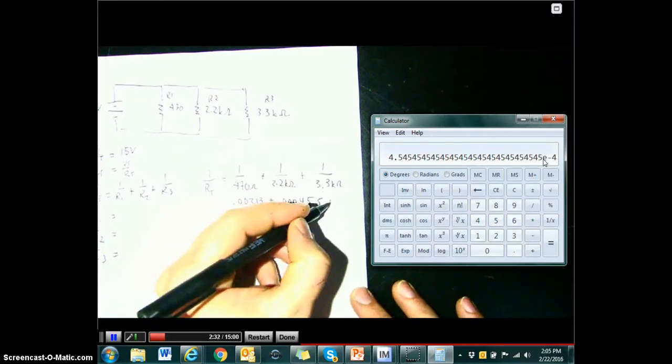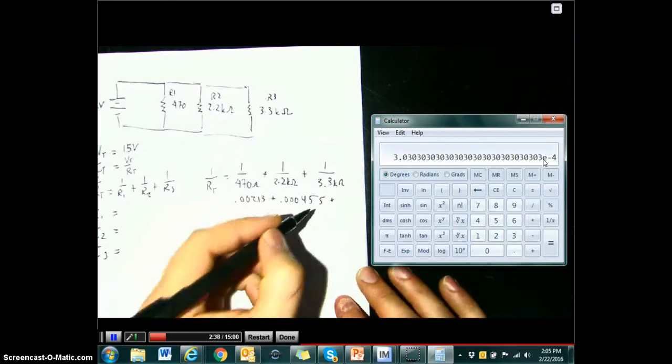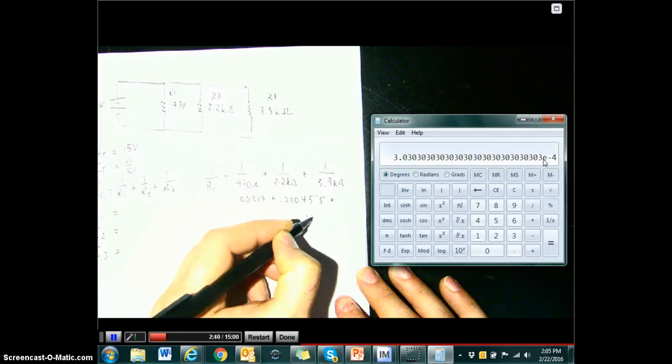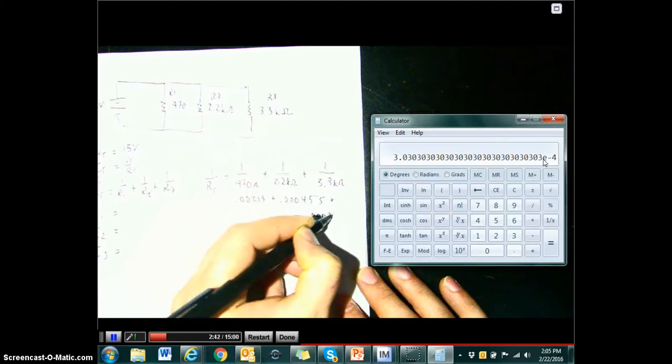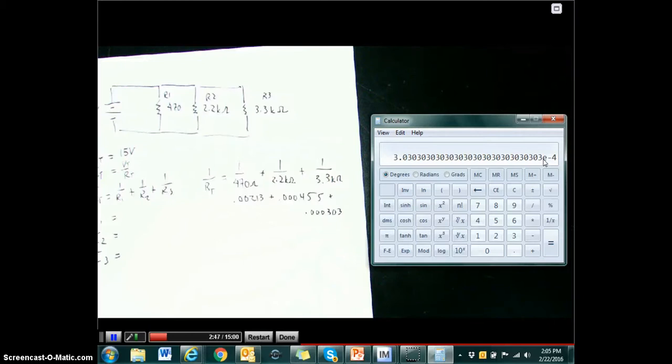And then we get into our 1 over 3300. And again, negative fourth here, so we're going to add in 0.000303. Okay? I had to do it that way first because of the order of operations, right? Please excuse my dear Aunt Sally.